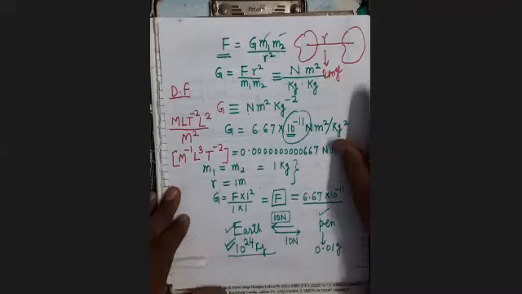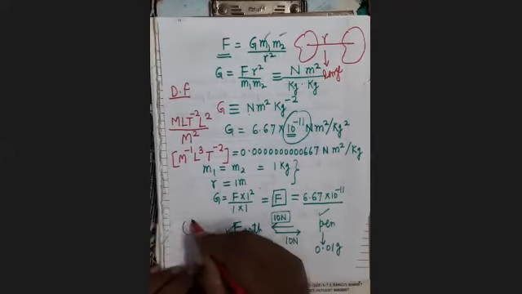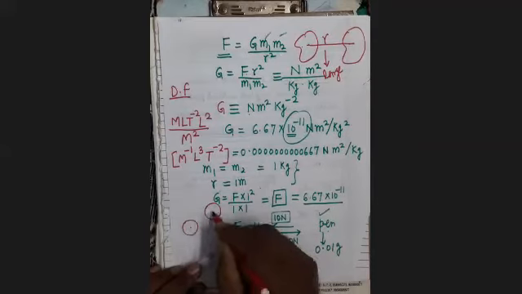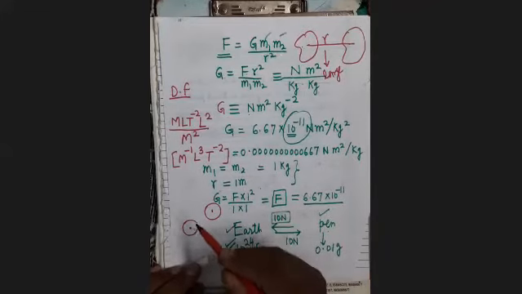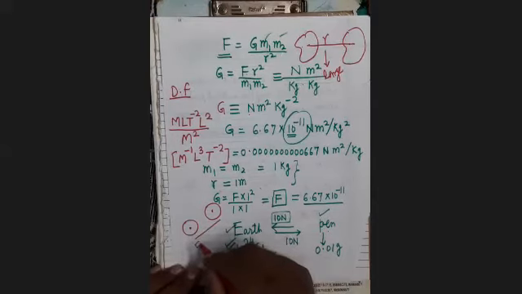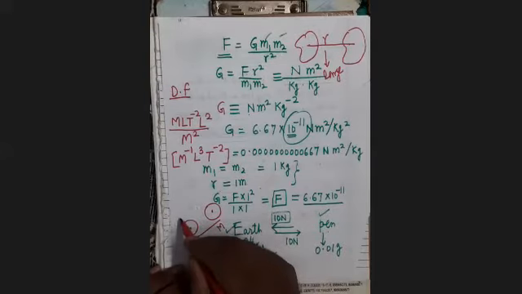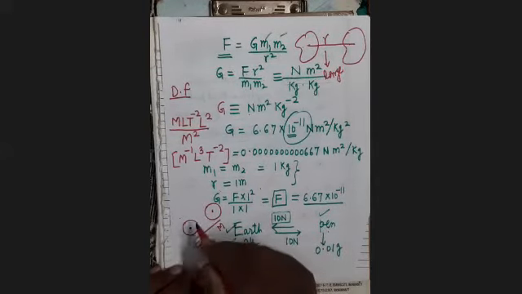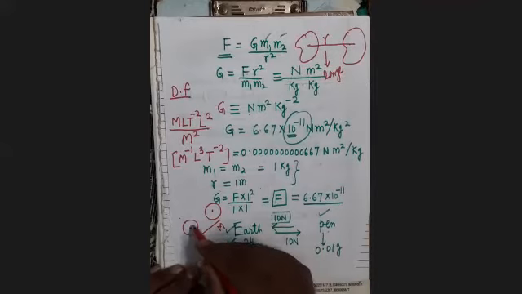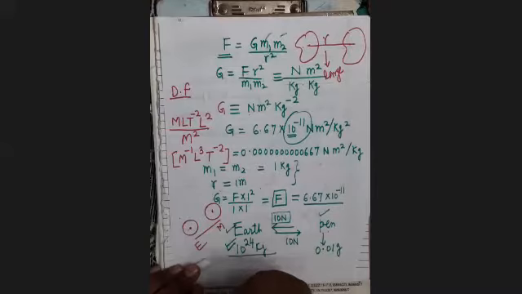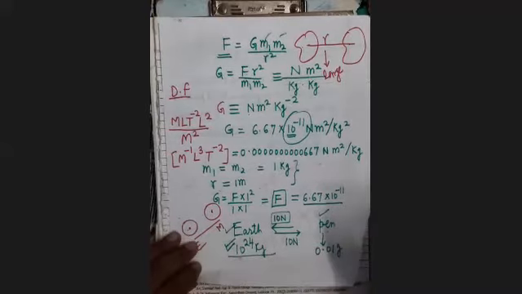In spherically symmetric bodies, we will assume the whole mass to be concentrated at the center, and we can evaluate the force acting between Earth and Moon, or between any two other planets, by treating them as spherically symmetric bodies and assuming their mass at their center of mass, which is the geometrical center. It's clear. Now see here, in vector form, how will you write this force?